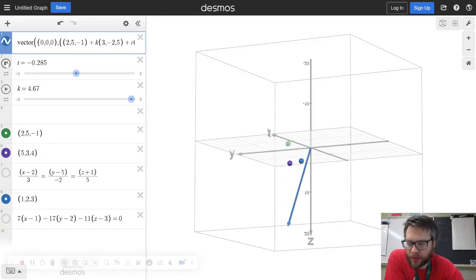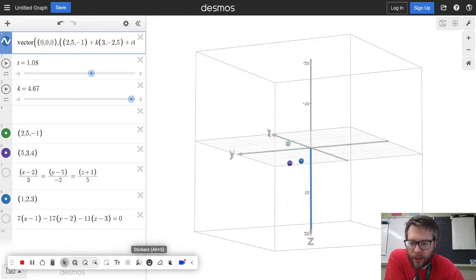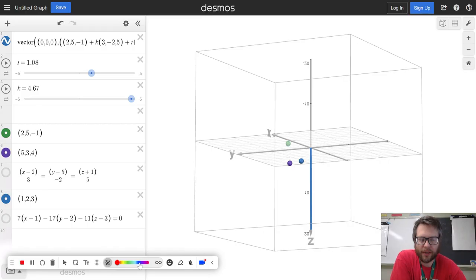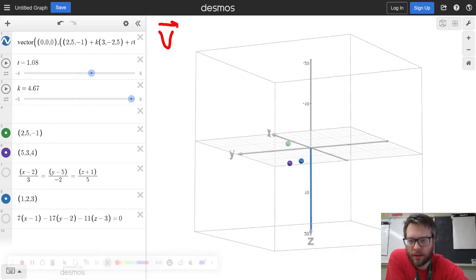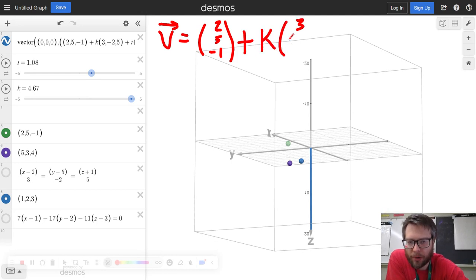So what we're going to do is let's turn those off, just a little distracting, and let's start with our vector equation. And so our vector equation said our plane is a bunch of vectors that start at one point, the green point, and they move k steps in the direction of the purple point.